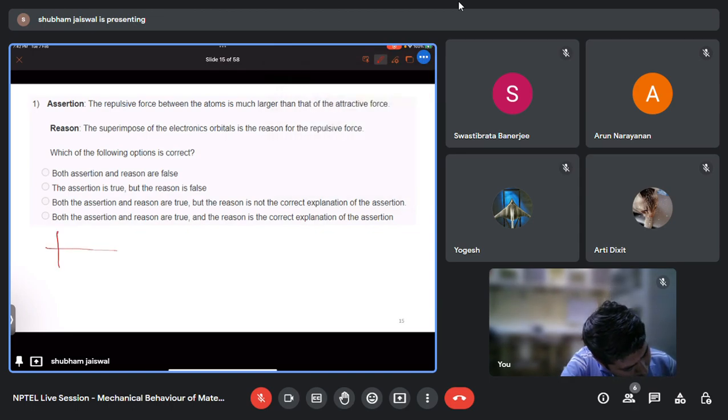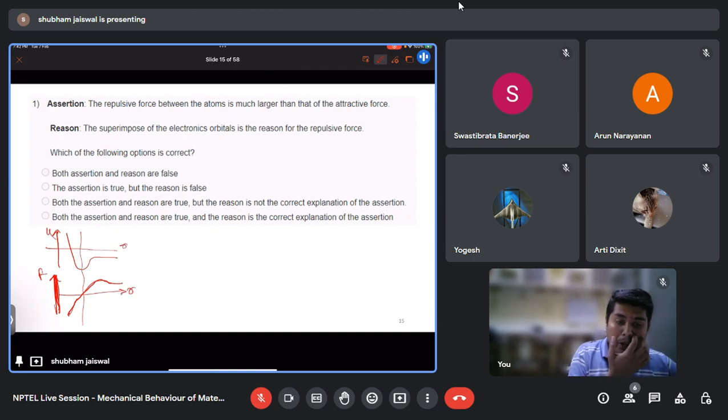Here, as you can see from the interatomic potential curve, if we draw the forces and move to the left side, it is showing the repulsive force, and this is the attractive force.